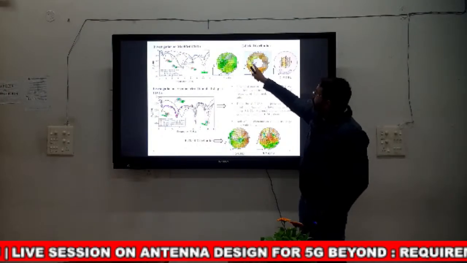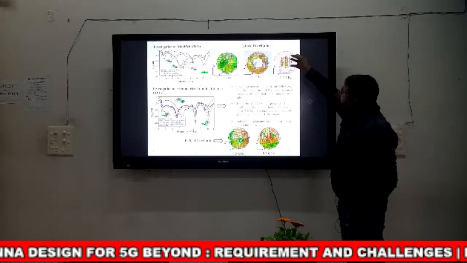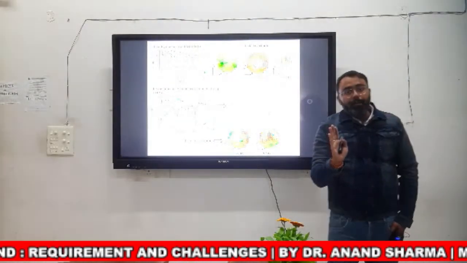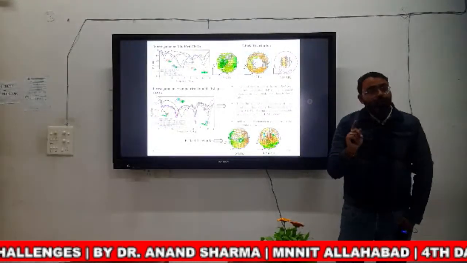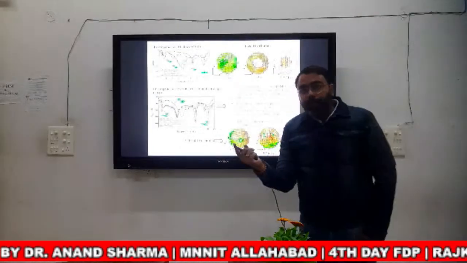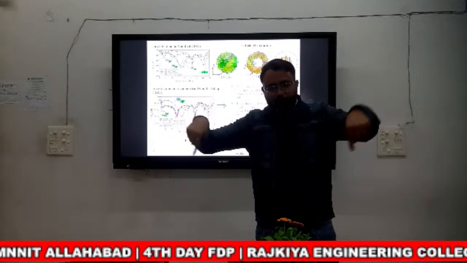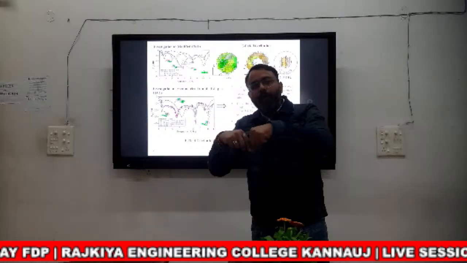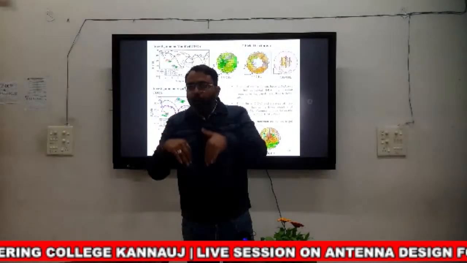Then I create an air cavity, and after that I put a Teflon. This material is alumina, whose permittivity is 9.8. Okay. And in between we have a Teflon whose permittivity is 2.1, and if you combine these two, alumina with permittivity 9.8 and Teflon 2.1, the effective permittivity of the structure goes down.